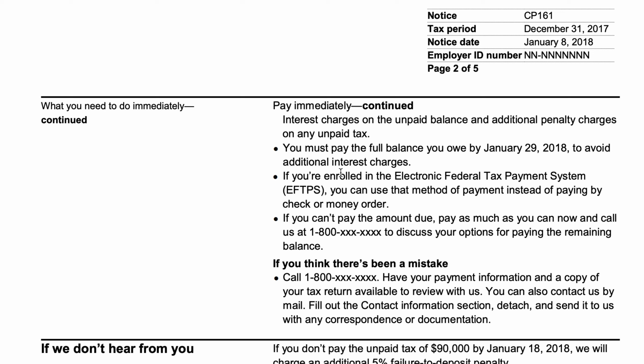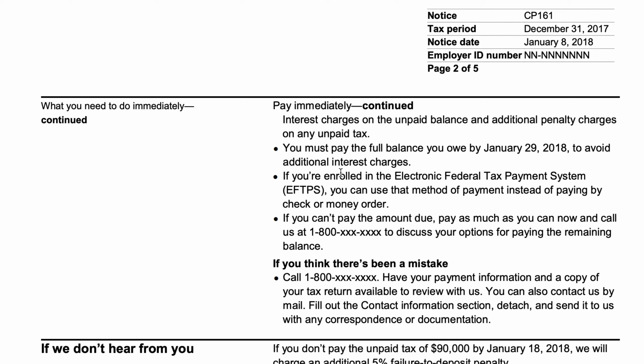If you can't pay the full amount as prescribed, you should call so you can talk about your options. For example, you can submit an installment agreement request either online or by filing IRS Form 9465.